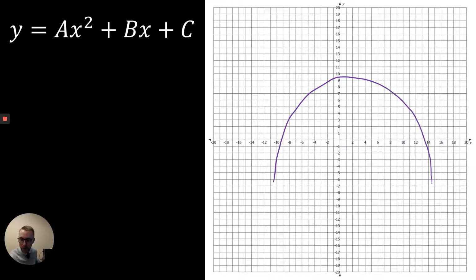Almost always, they're going to end up crossing the x-axis twice, so in two different places. So really, when we talk about solving quadratic functions, we're looking for those two places where the curve crosses the x-axis. So in this video, we'll talk about factoring as a way of finding those two x-intercepts.